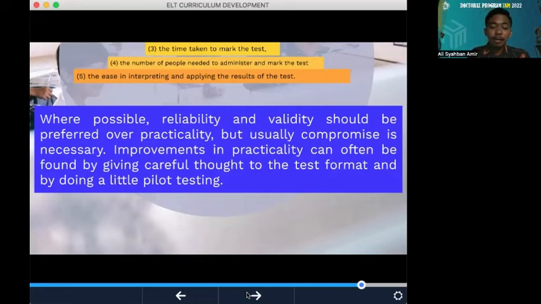So if we want to know that the test is practical, we have to test the test. I mean, do a pilot testing, always trying. So all of the indicators that I have explained just now can be measured well and managed well.